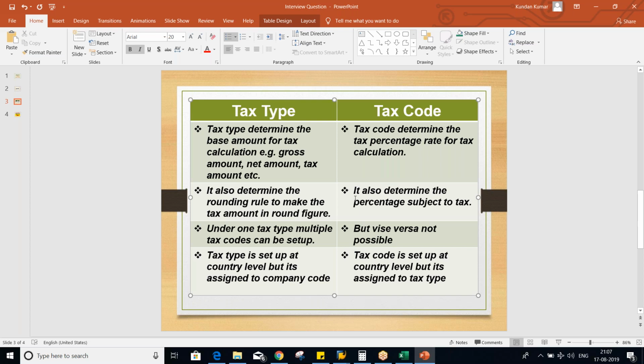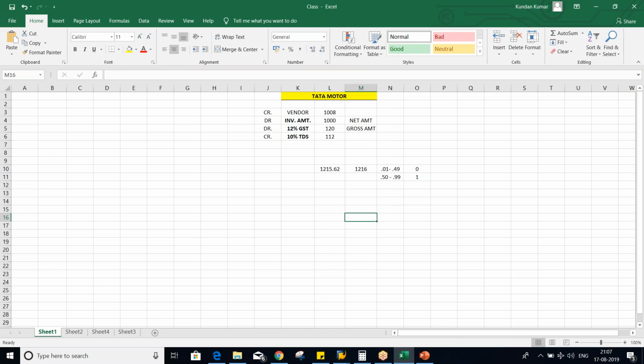Tax code determines percentage subject to tax. Okay, now what is this percentage subject to tax, guys? If you guys are able to remember, now here percentage subject to tax. Okay, let's suppose I am saying that here this 10% TDS calculations, forget about these things now, and I'm going to remove this amount also.